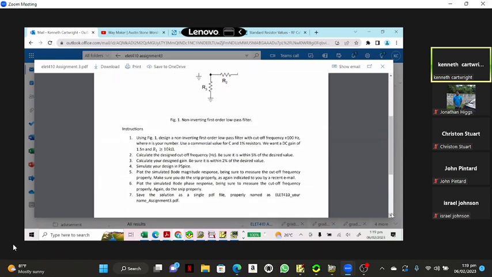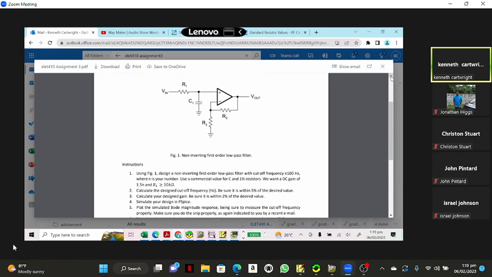I've just been through the design with you. I'm telling you what DC gain I want. I'm telling you that R1 must be greater than or equal to 10 kilo ohms. Then I'm telling you to calculate the design cutoff frequency and make sure you're within 5%. And what's different from last time is calculate your design gain.